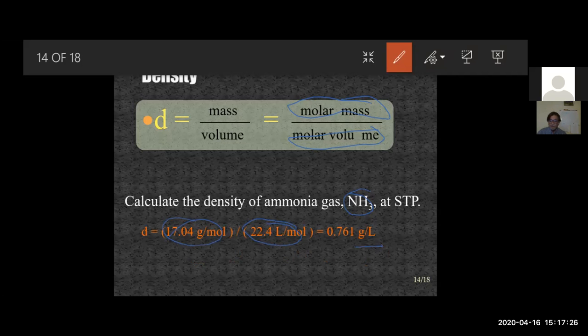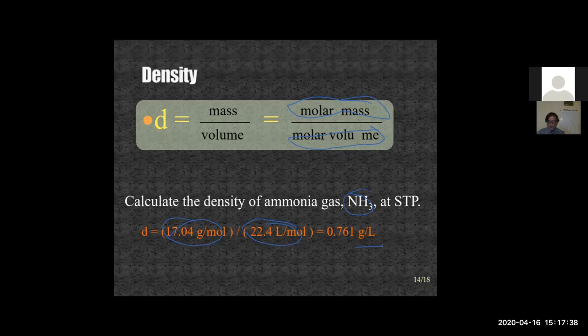So at STP, ammonia has a density of 0.761 grams per liter, okay? And that was calculated without having to do any actual measurements. We just bring the temperature down to STP, 0 degrees and 1 atmosphere, and we can do that.